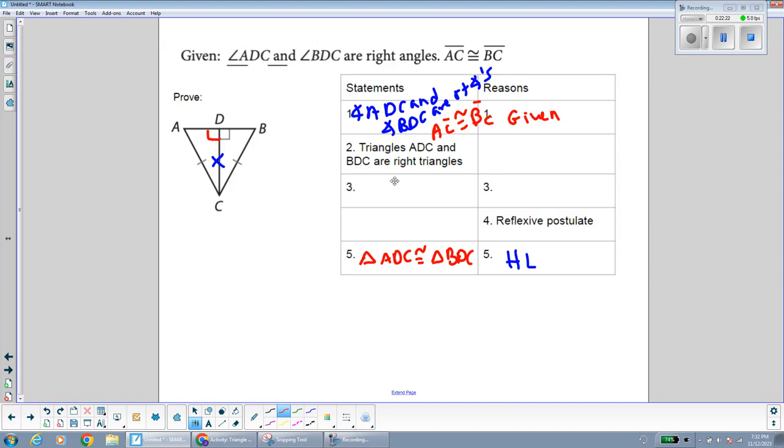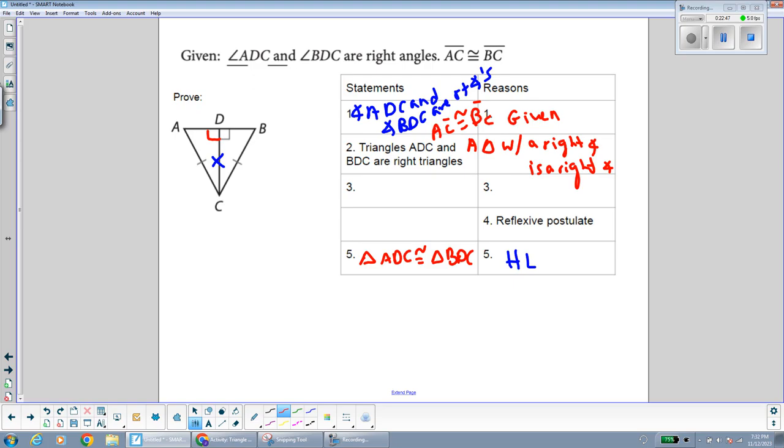So this is a necessary step in the proof. We do need to actually state that the triangles are right triangles in order to use HL, since it's only for right triangles. So I'm going to write here a triangle with a right angle is a right triangle. And we already established that there are right angles here because that was given to us.